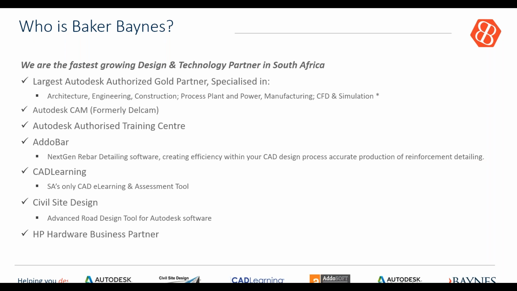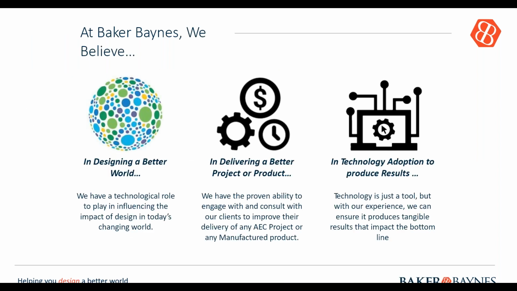We also offer a few other services, which include CAD learning, and we have an authorized training center at our offices. Here at Baker Baines, we believe in designing a better world, in delivering a better product or project, and in technological adoption to produce better results.